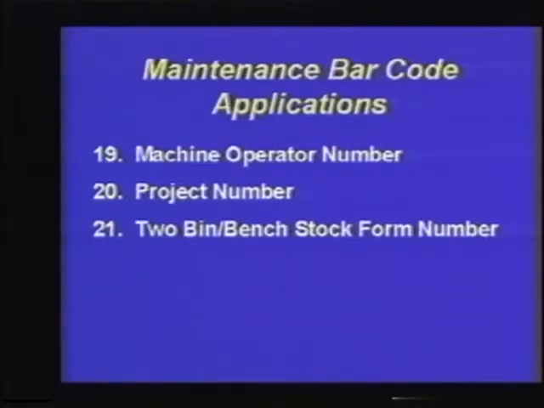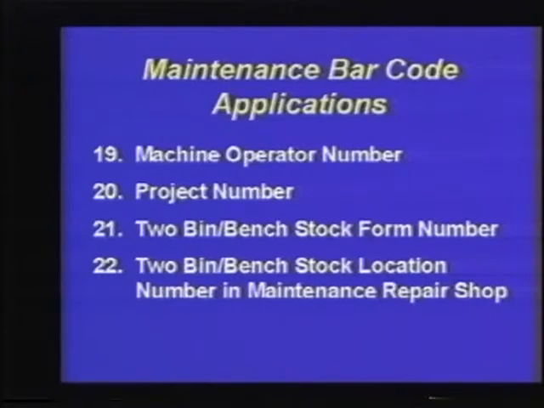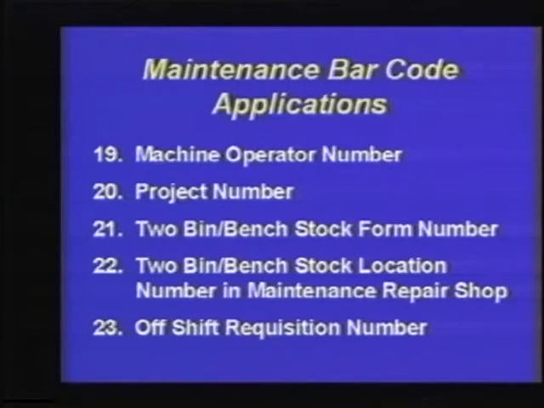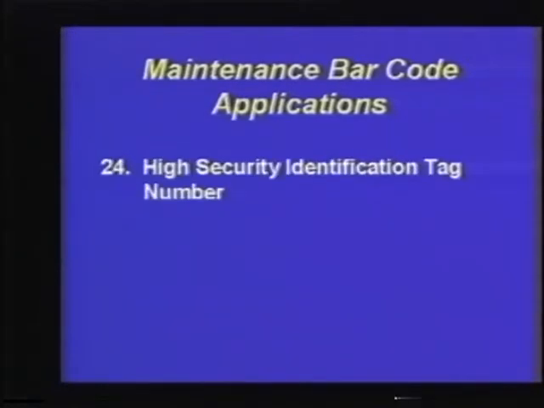And 22, which would be the specific repair shop number that the two-bin or bench stock material is going to be housed in. 23 is an off-shift requisition number, and 24 would be those high security items which would be housed in a bonded crib within a storeroom.